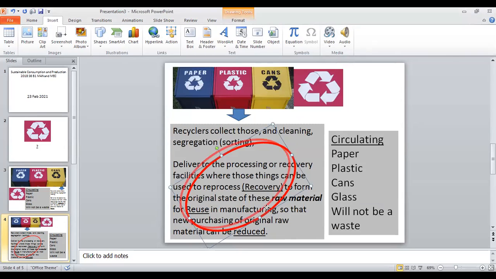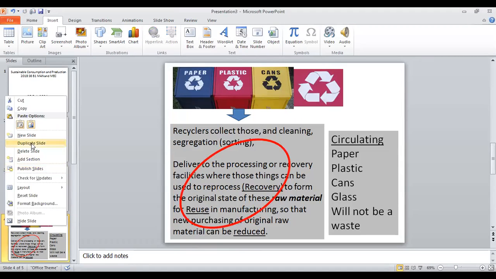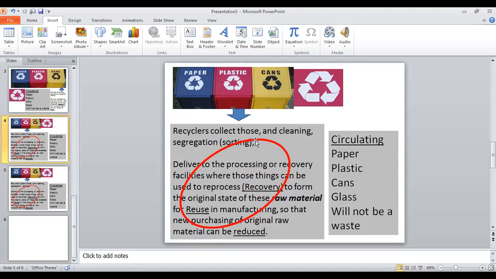You can say recovery and reuse. This may be a new slide anyway. Recovery and reuse. Yes, so you can see recovery and reuse. With beta I use small circles. Reuse. Recovery.